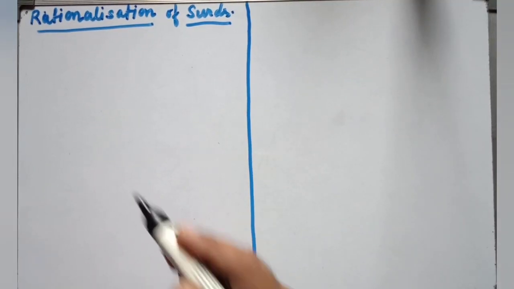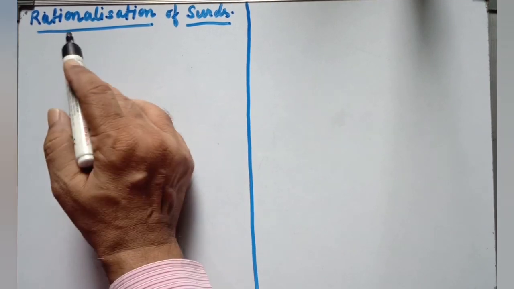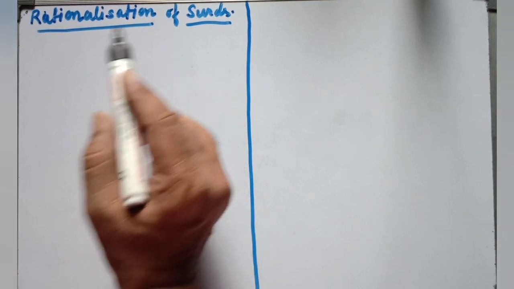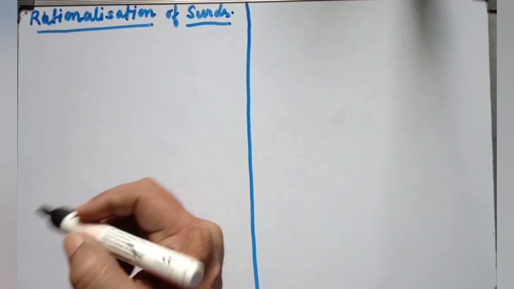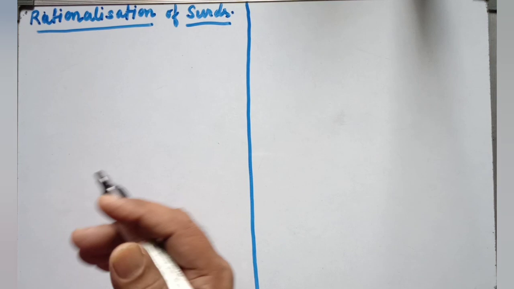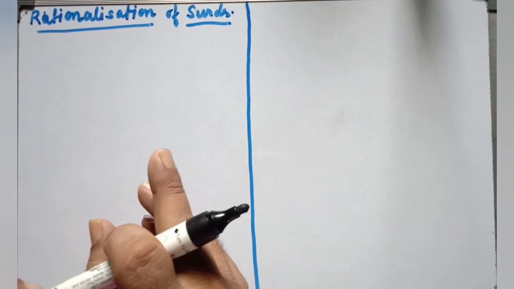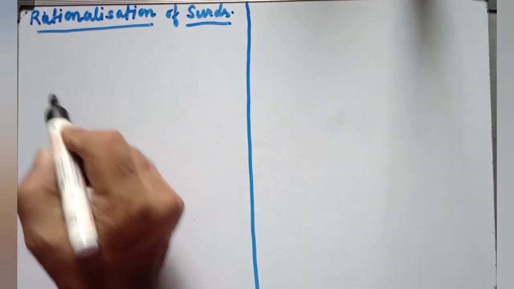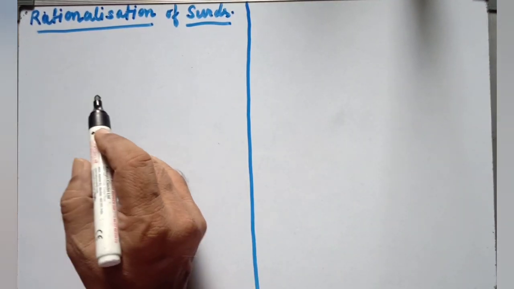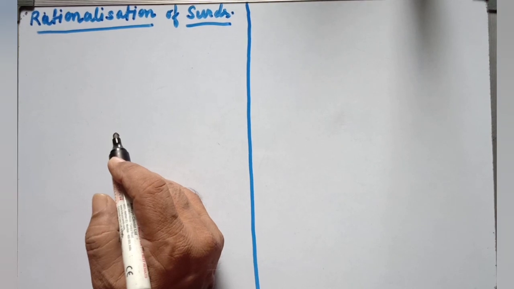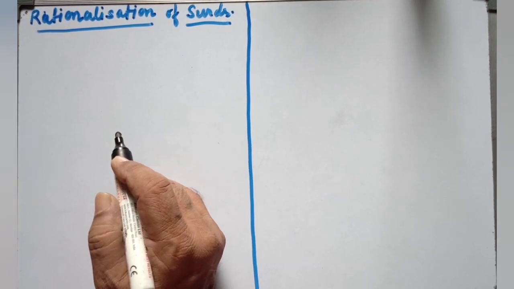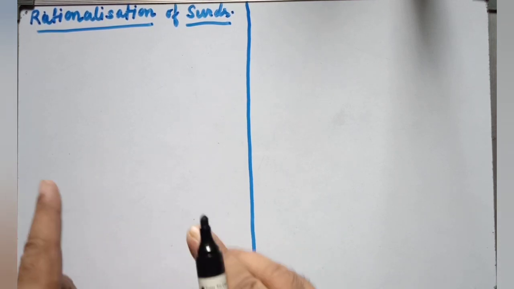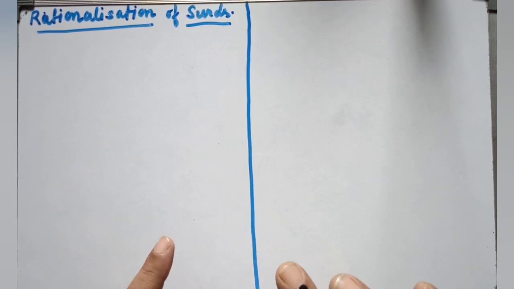Dear students, this is a very important topic, rationalization of surds, which is used to simplify the denominator of any expression with surds. Now first we will learn the meaning of rationalization of a surd. The process of rationalization of a surd is multiplying that surd by another surd so that the product is a rational number.